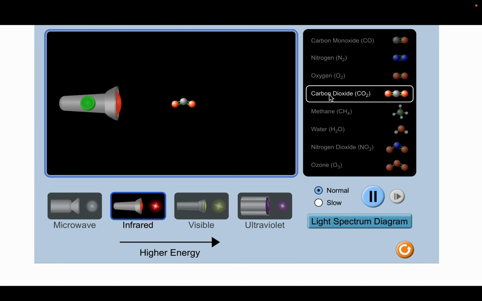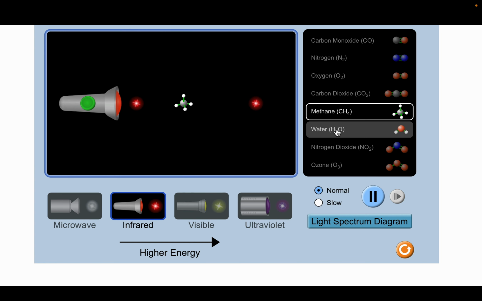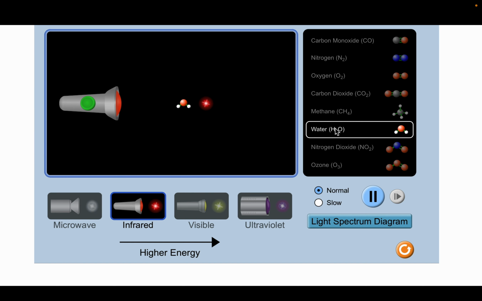Carbon dioxide. Methane. Water. Nitrogen dioxide.